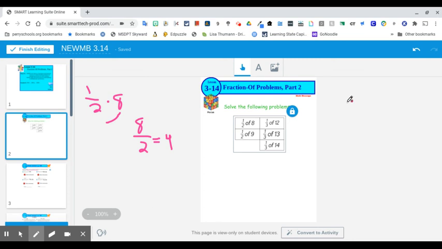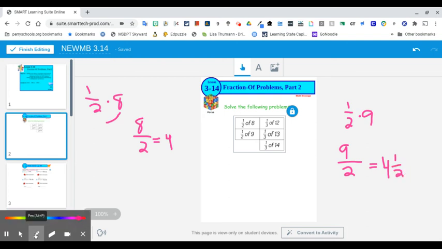I'm going to now do the 1/2 of 9. I'm going to take 9 and divide it into 2 equal groups, and we said earlier that that was going to be 4 and 1/2.